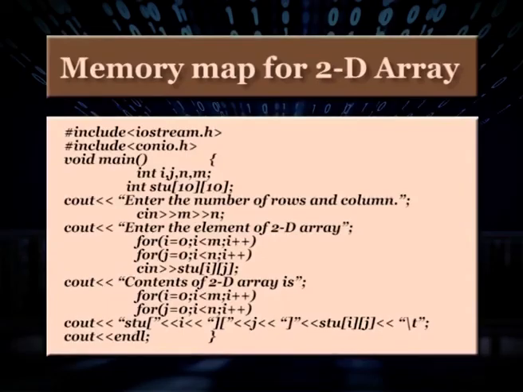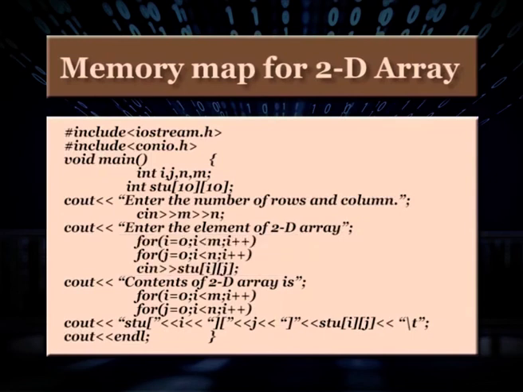To input the data in a 2-dimensional array and then print each element, the program is as shown. In this program, the user is prompted to specify the size of the 2-dimensional array in form of rows and columns. Elements are entered in nested for loops.